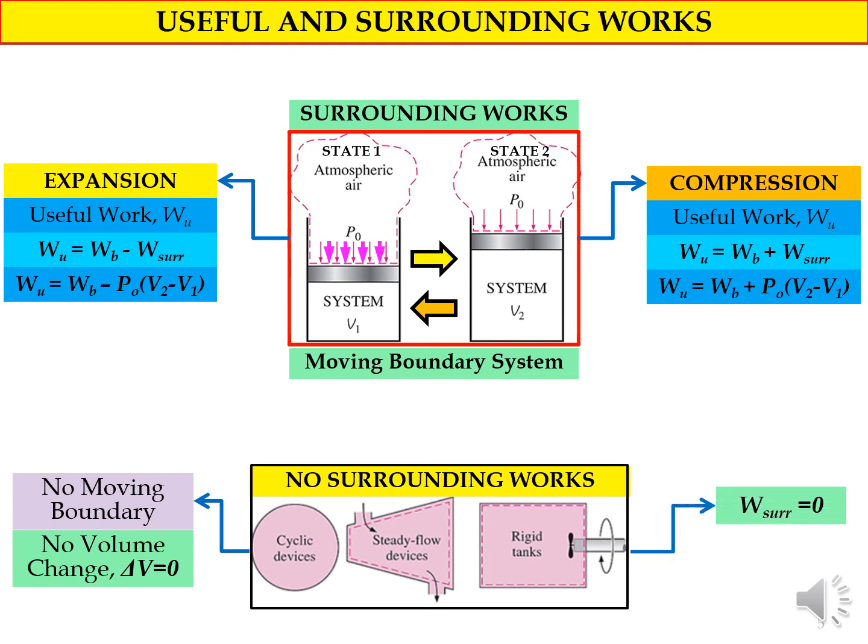And the surrounding work, from the atmospheric pressure, is equal to 0, since there is no boundary movement. And here we can say that the useful work is equal to the work done by the system.